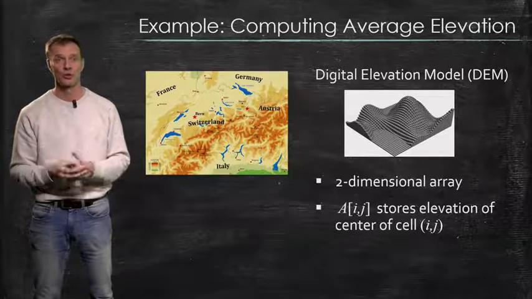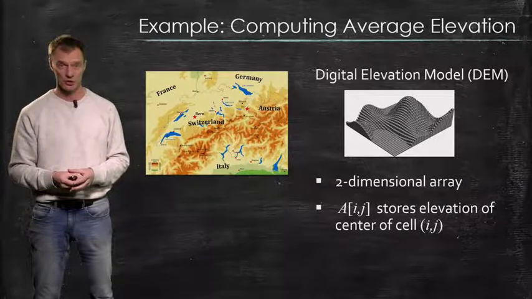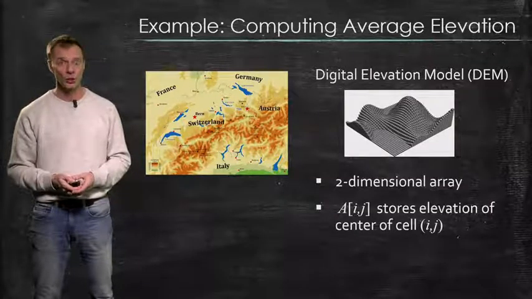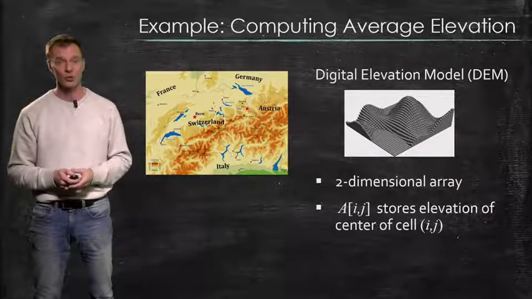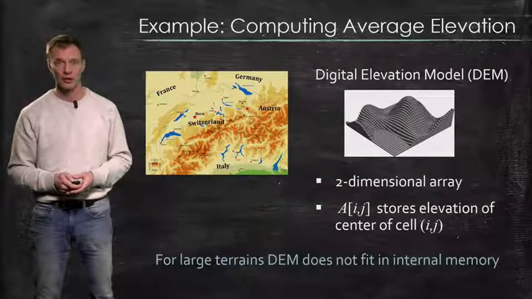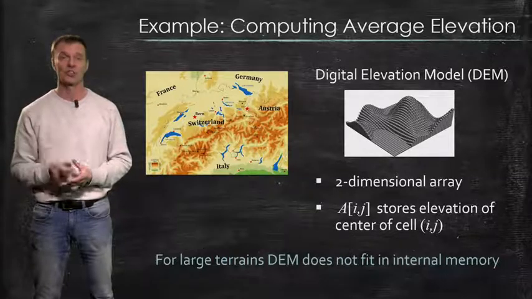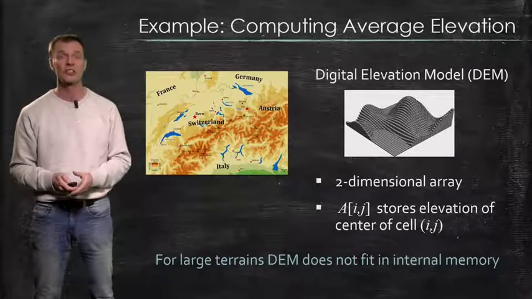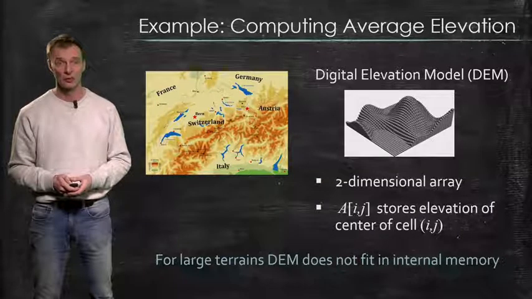So we have a two-dimensional array, which is huge, because the Alps are a huge area, and we now want to compute the average of the values stored in this array. Because the Alps are so large, this data is so large, this array does not fit into the internal memory of your computer.